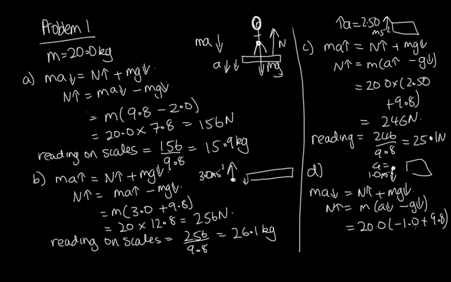So we've got 20 times 8.8, and solving that on the calculator, we get 176, and so the reading is equal to 176 over 9.8, which gives us 18.0 kilograms. And so that's how we answer that problem.